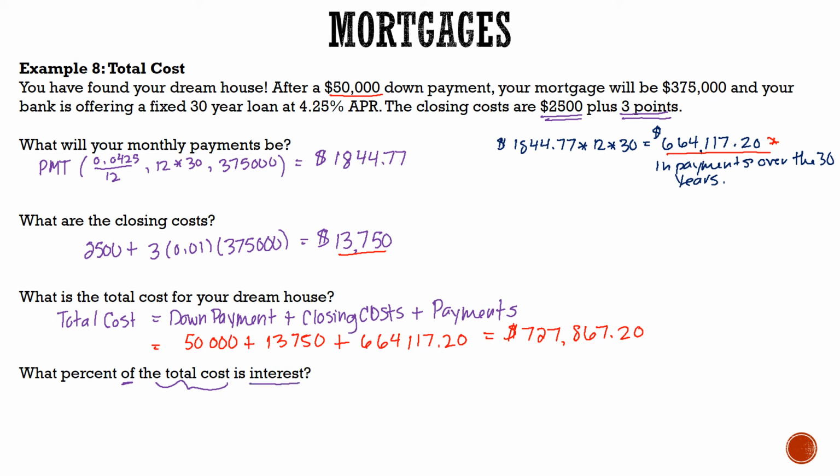So we're going to set up our percent interest calculation as the amount of interest. So we need to find out how much interest we actually paid. So that is another calculation we'll do over on the side up here. So interest, remember, is going to be the difference between what we pay in our payments and what we took out as a loan.